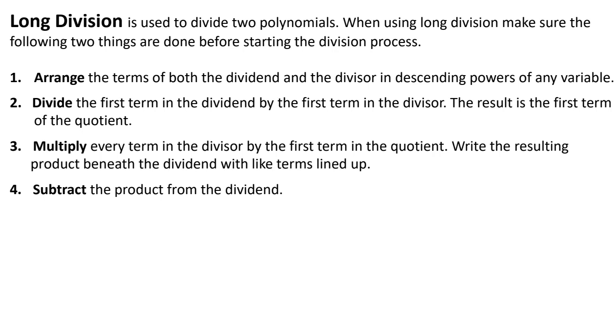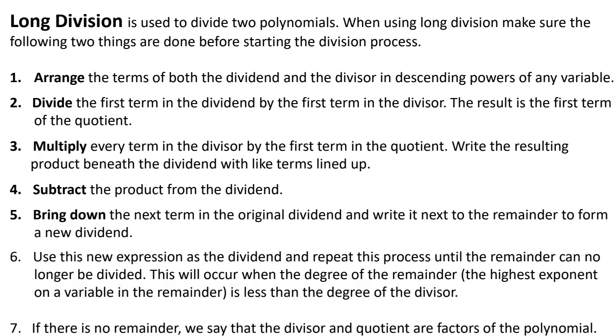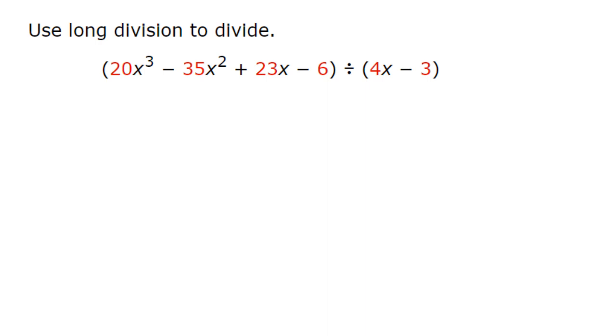Now, when we're doing this, we want to multiply our divisor to get the exact value that's part of our dividend in a certain order, and then we'll subtract. This is just information, but the best way to see this is with an example. So let's go ahead and get started.